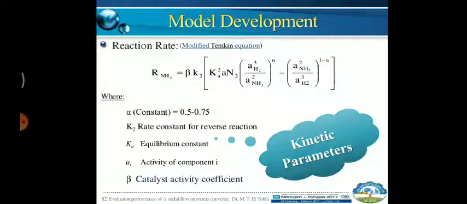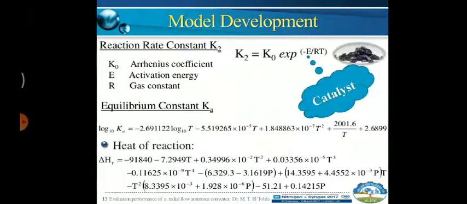This equation is only informative and you just have to follow it, because this calculation is used for the Linde process and the synthesis process, where alpha is constant and k is the equilibrium constant, ai is the activity of component i, and beta is the catalyst activity coefficient.